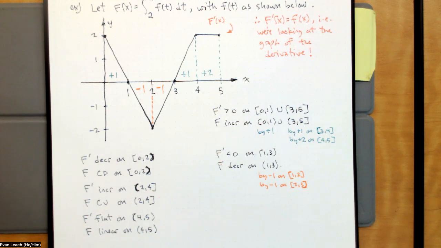So linear is another way to say no concavity, neither concave up nor concave down.